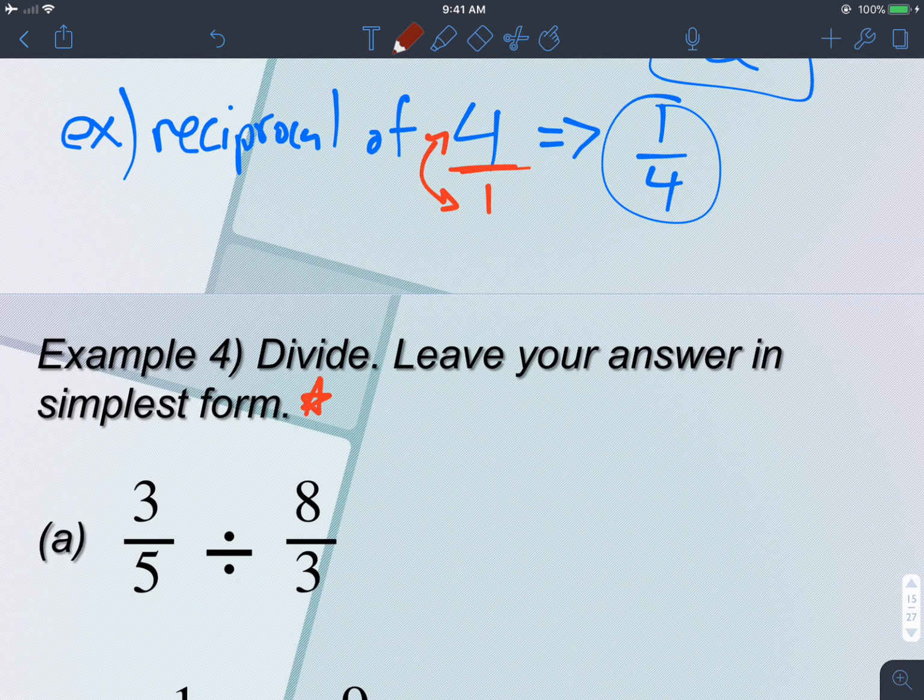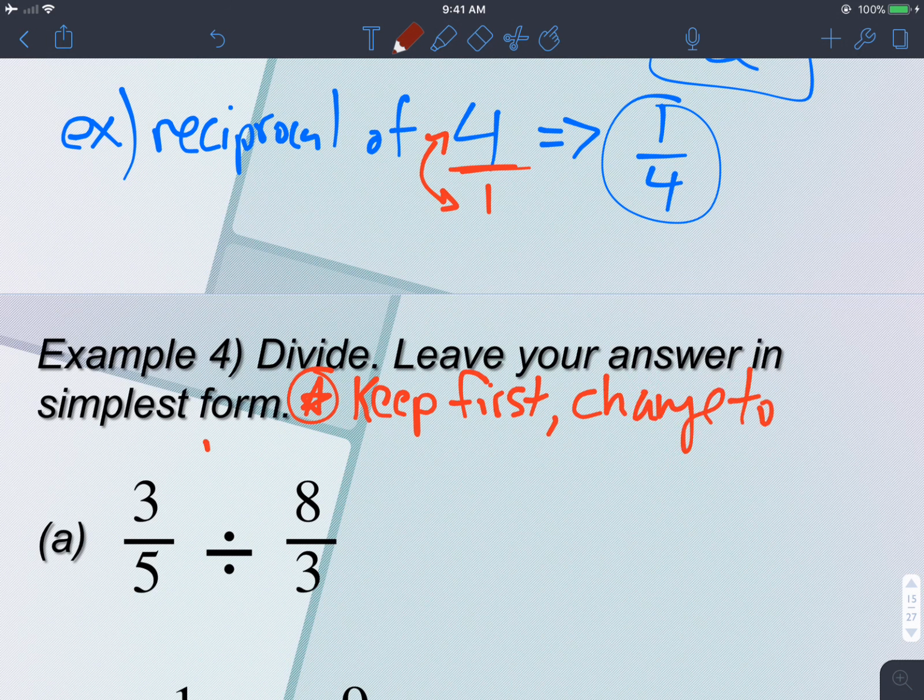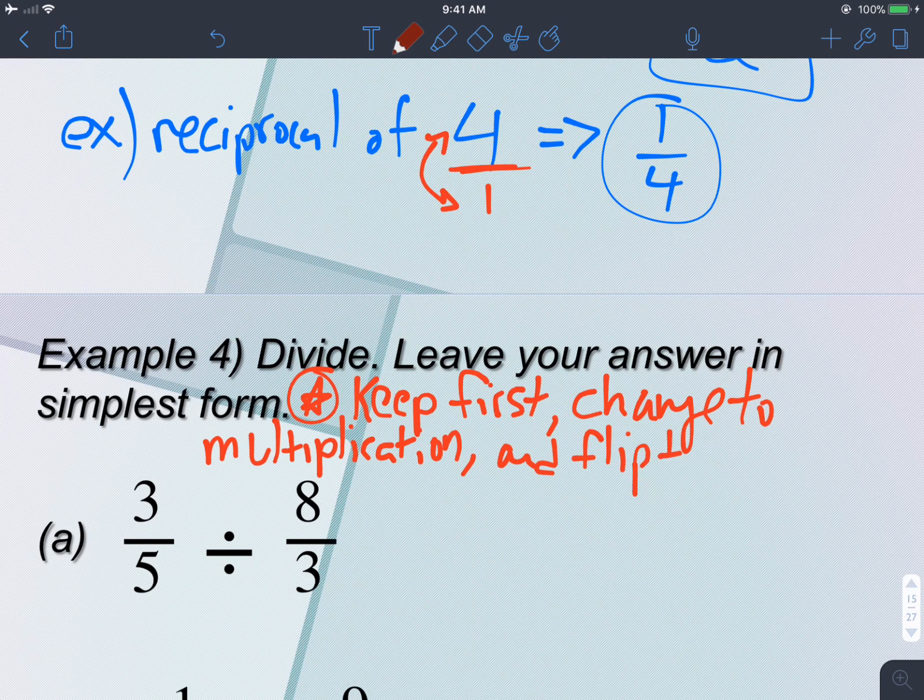So this is called keep the first, change to multiplication, and flip the second fraction.